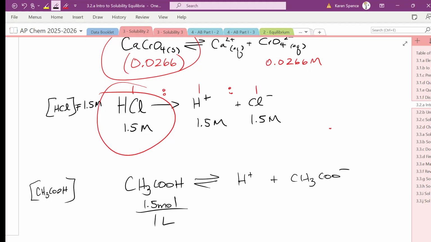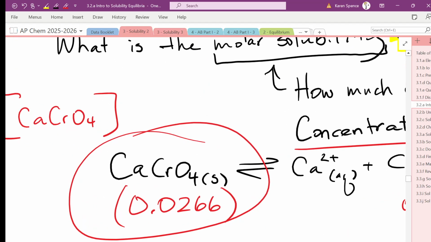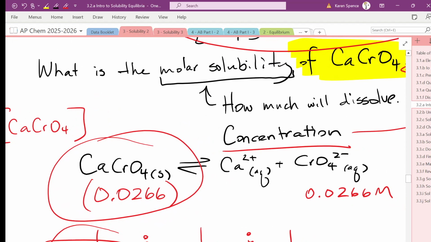So how would you describe the solid? Because these are acids, you don't. You just say the concentration of calcium chromate is 0.0266 molar, even though it's not really. Well, it is.